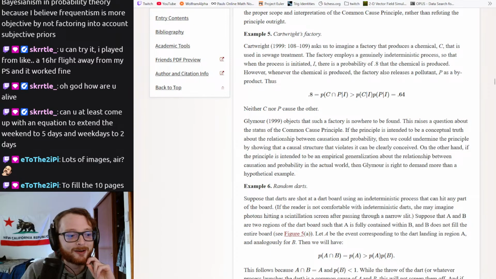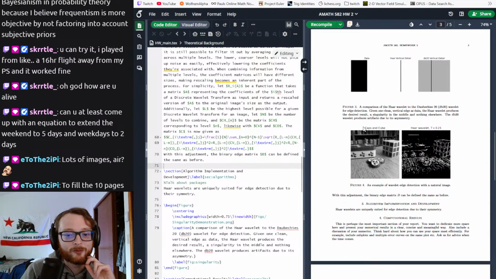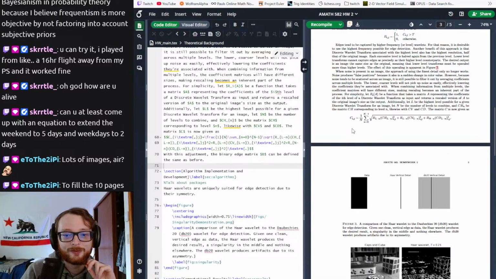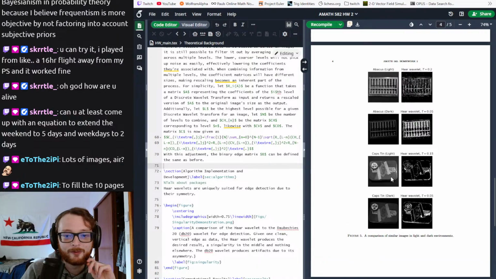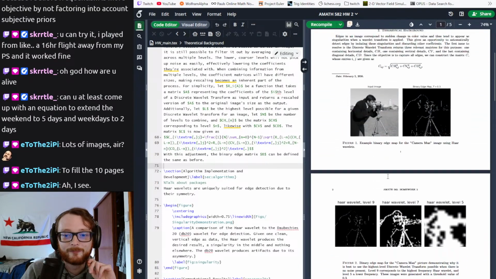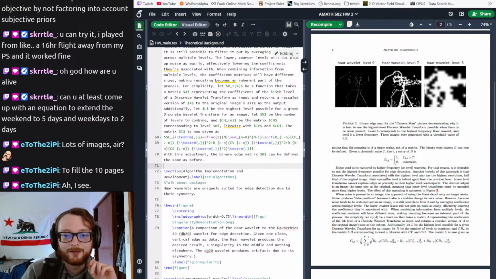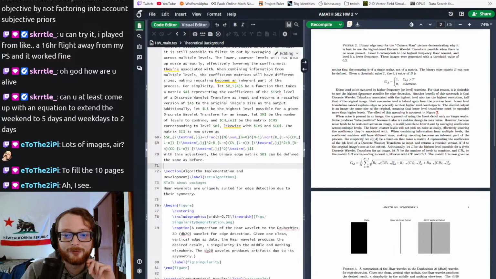It's just a 10-page maximum. It doesn't have to be 10 pages. This one is definitely going to have a lot of images though, because it's about image processing, thankfully. So that's going to fill up a lot of space. But it is single spaced. This is homework 2.